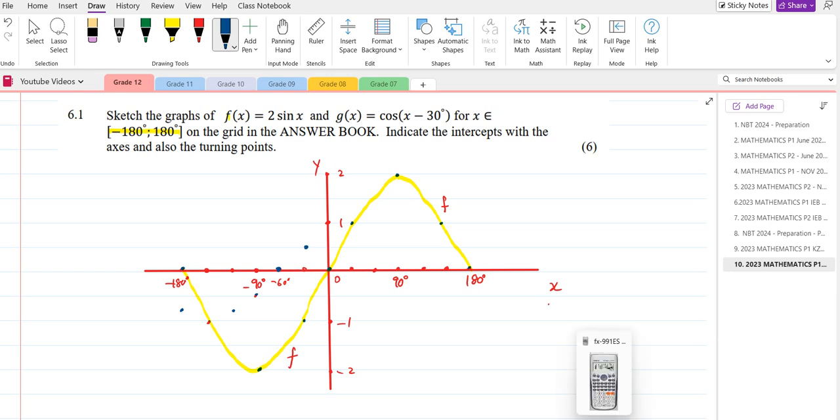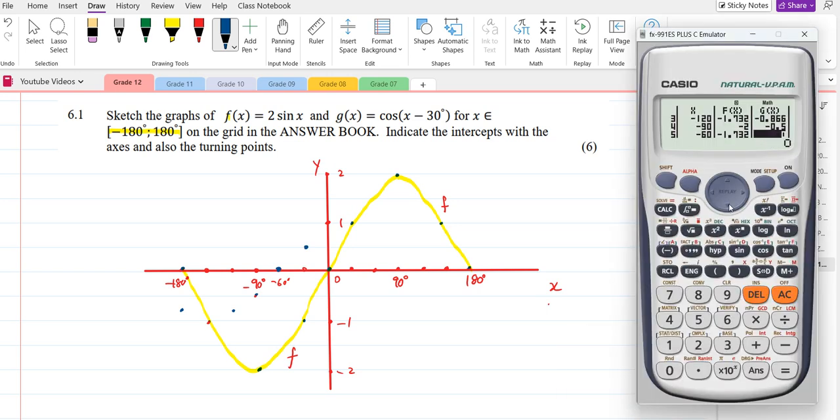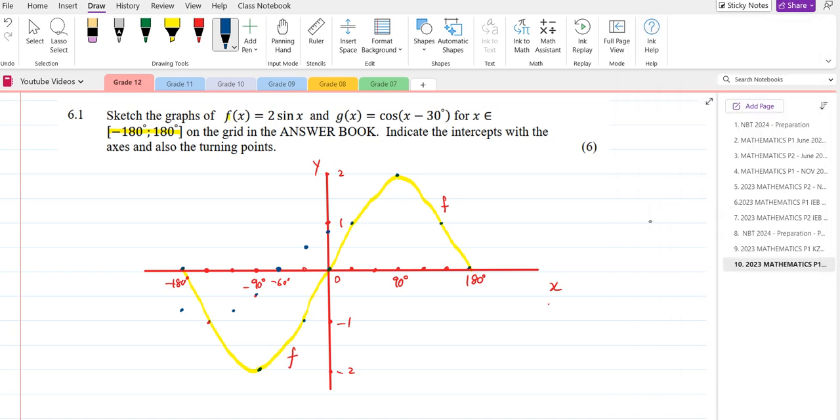Let's check. Negative 90 I've got 0. Negative 60 I've got 0, right? Negative 30 I got 0.5. And then at 0 I got 0.866. At 30 degrees I'm going to get 1, right? And then this will be 0.866. Then at 90 I will get 0.5.